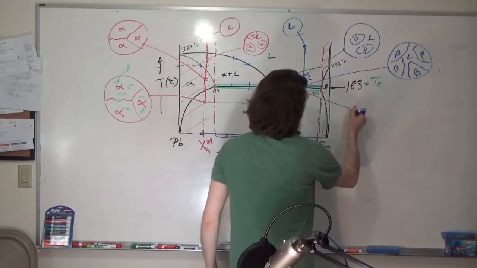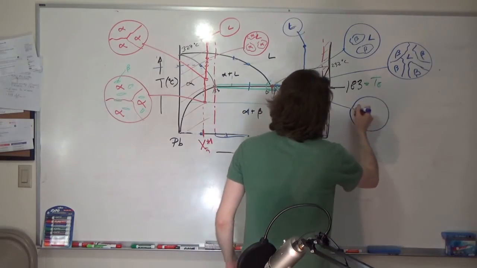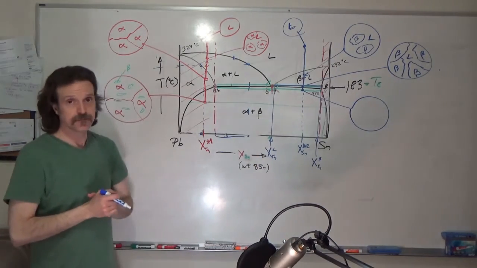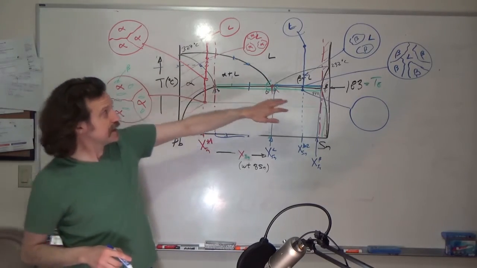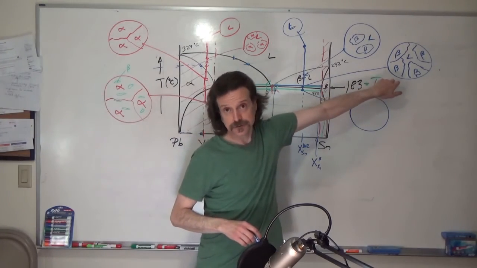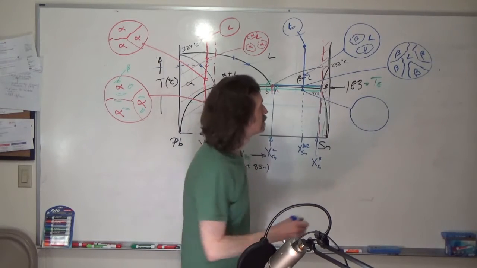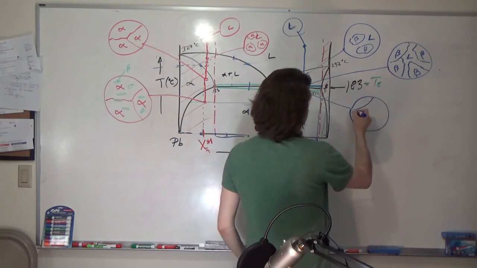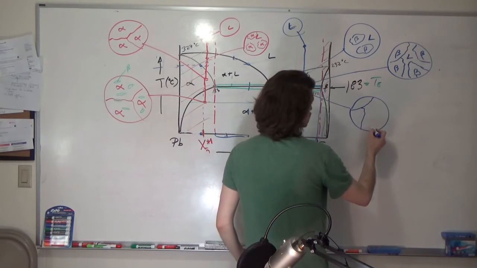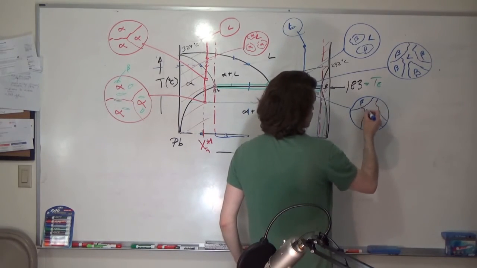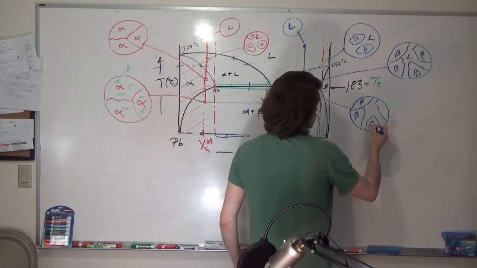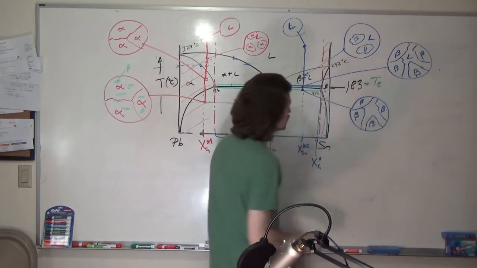We now have alpha plus beta, and those beta precipitates, or those beta nucleated crystals, they stay. So I'll draw those in. Beta, beta, beta, beta.